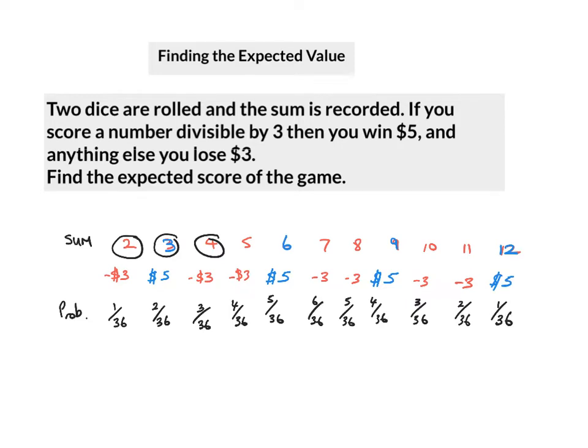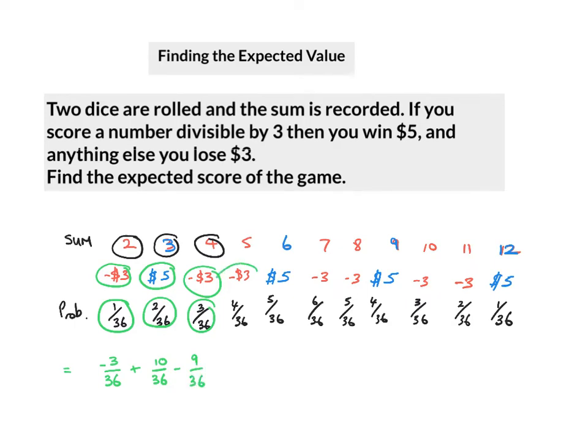And what we do now is we multiply. We multiply this by the probability. And that gives us a negative 3 out of 36. And then we do that times that, and we get a plus 10 out of 36. And then we do these two, and we get a negative 9.